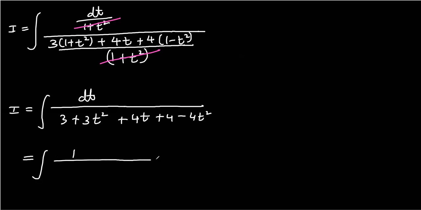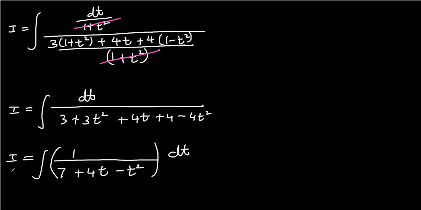You have 1 dt. 3t square minus 4t square is minus t square. 3 plus 4 is 7, plus 4t minus t square, and this is 1 upon quadratic. I have solved many problems for 1 upon quadratic, and this is another. You know the method.